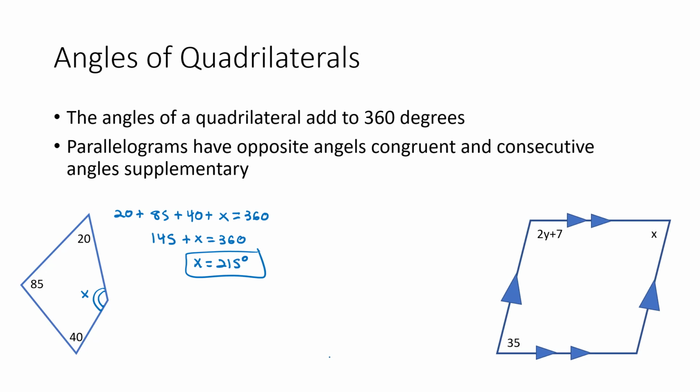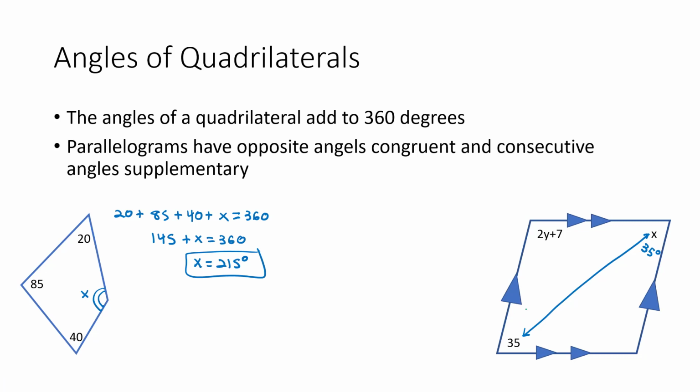But if I have a parallelogram, this is a parallelogram because the opposite sides are parallel both directions. We know two things about it. First, we know that opposite angles will be congruent. So this x over here has to be 35 degrees because the opposite angles have to be congruent.